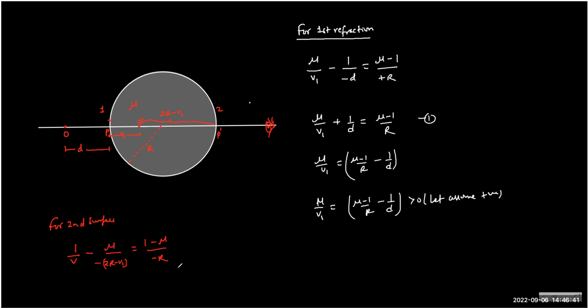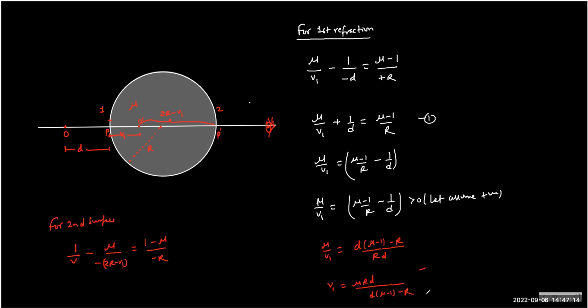Is this clear? Yes, sir. And R is a value. V1 I have taken as positive, but when we substitute it, mu by V1 we can add here. Generally they will give you values, so it's easy to solve.